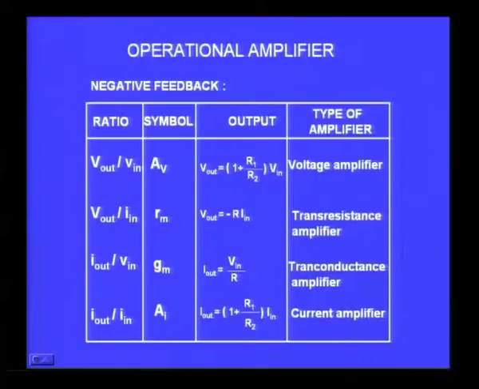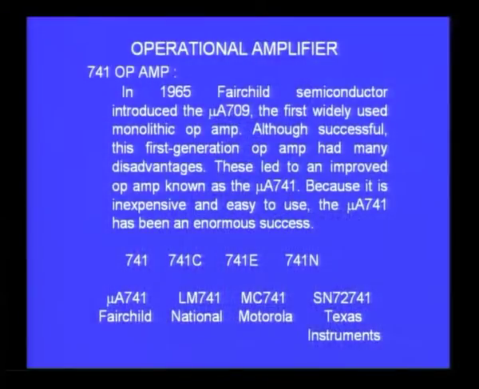So, that is the greatest advantage, and you can see these voltage amplifier, transconductance amplifier, transresistance amplifier, current amplifier are almost very close to an ideal current source, voltage source, current amplifier, voltage current source, etc., because of the very good characteristics of the op amp in the integrated circuit form. That is why we discuss about that in detail.